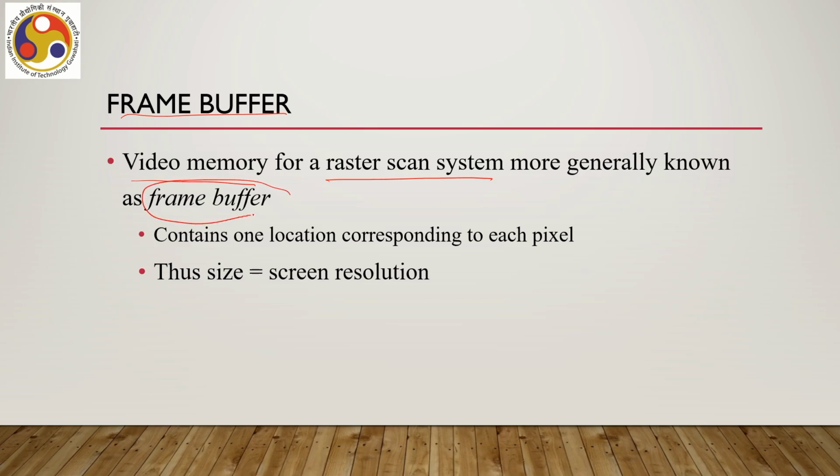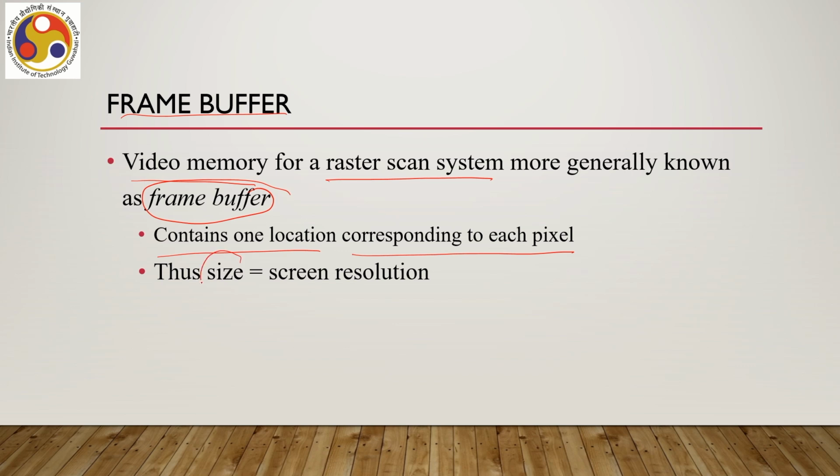So, frame buffer essentially is the video memory component of the raster scan system. It contains one location corresponding to each pixel. So, for each pixel there is one memory location which stores the intensity in the form of a bit string of 0s and 1s.